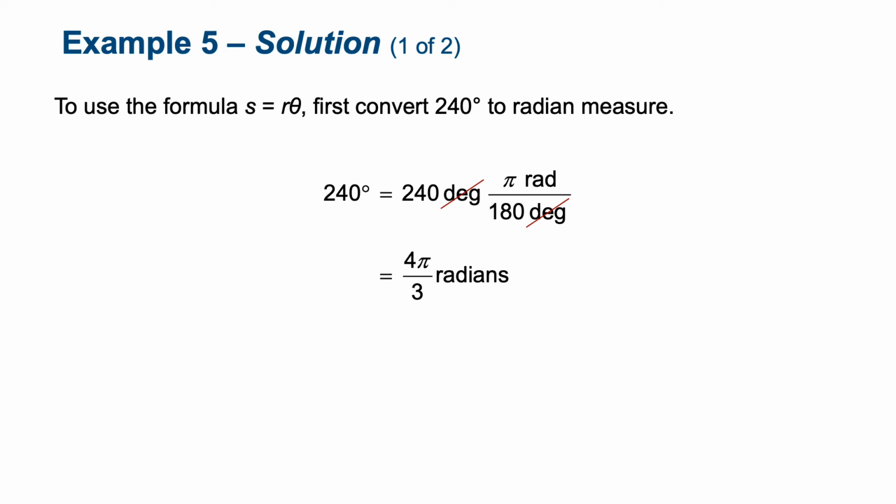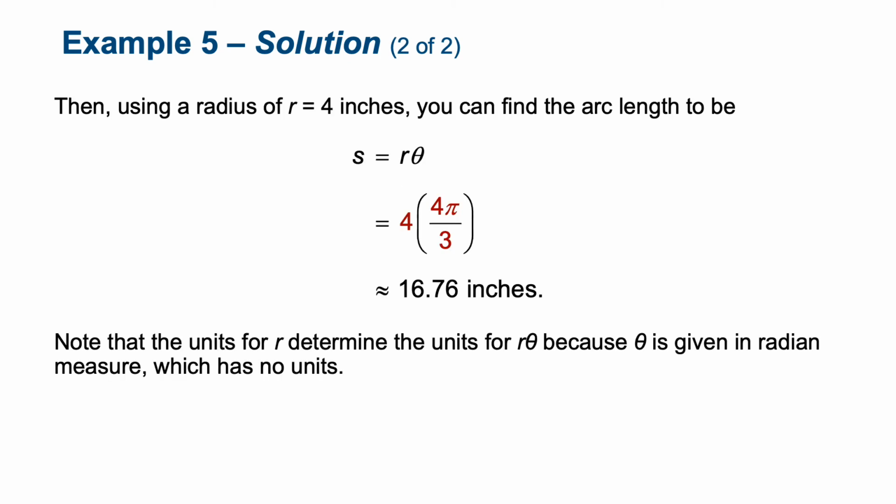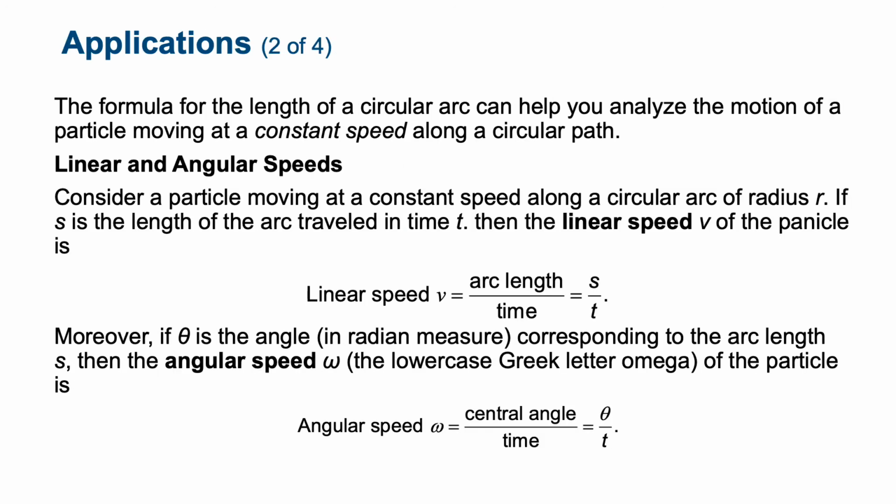Multiply by pi over 180 and simplify: 240 degrees is equal to 4 pi over 3 radians. Plug that into the equation, S is equal to R theta. So 4 times 4 pi over 3 gives us approximately 16.76 inches. The units of R, which is inches, determine the units of the arc length, because radians doesn't have any units.